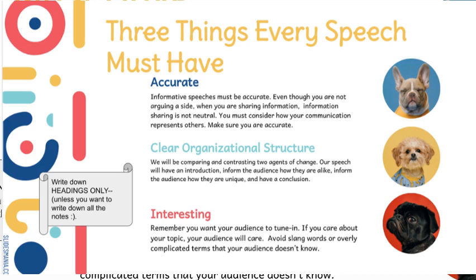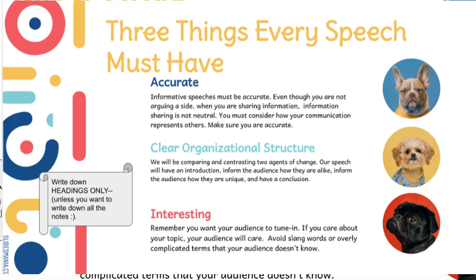Super important. The next thing is to have a clear organizational structure. Now, writers get to make this choice how they want to present information. Unfortunately, in this instance, you as the writer do not get to make this choice. This choice has been made for you. In the 6th grade, we do a compare contrast text structure, which is fine.